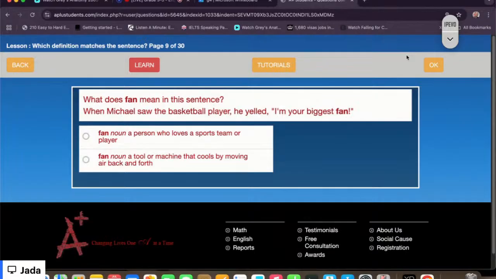When Michael saw the basketball player, he yelled, I am your biggest fan. What does fan mean? The first or second: a person who loves a sports team or player, or a tool or machine that cools by moving air back and forth.